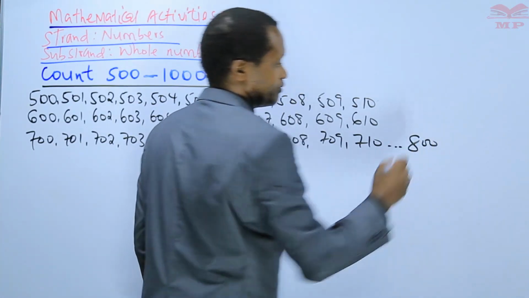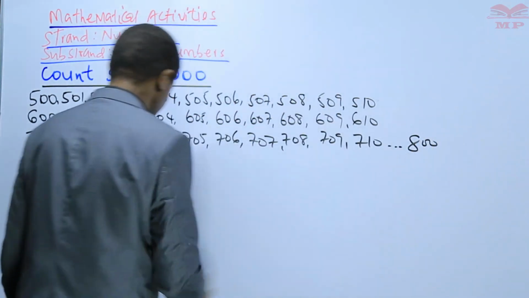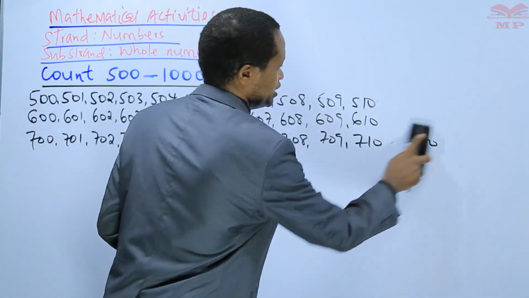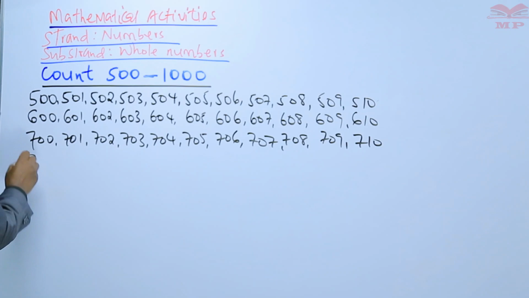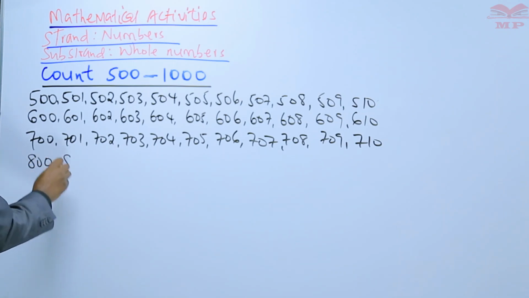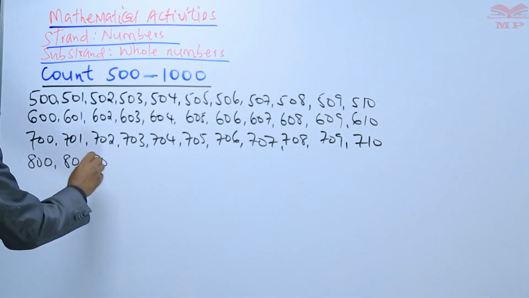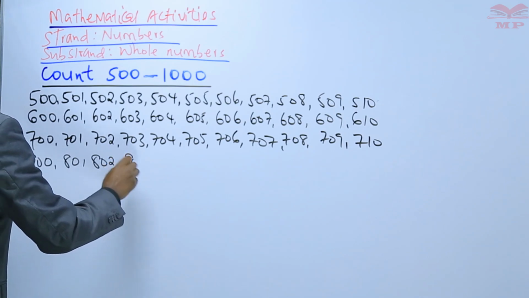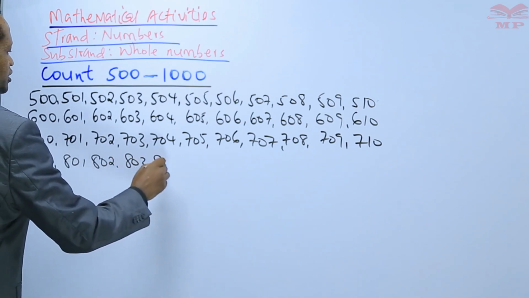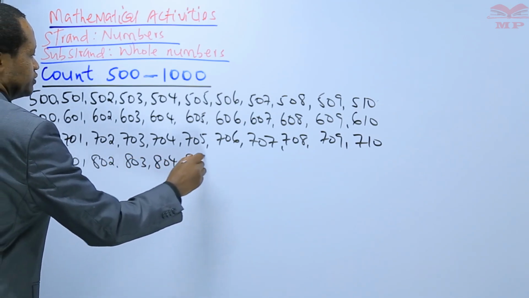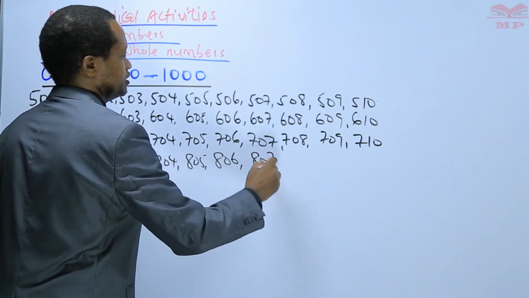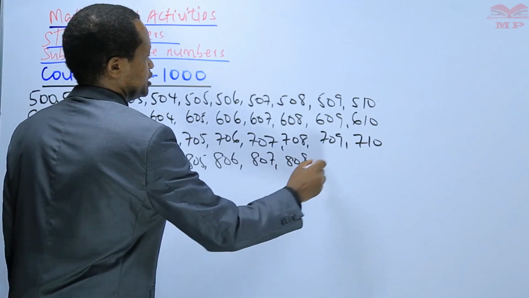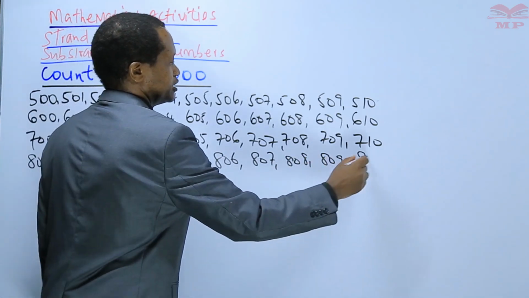800. So I continue, learners, 800. I write 800, then 801, 802, 803, 804, 805, 806, 807, 808, 809, 810.